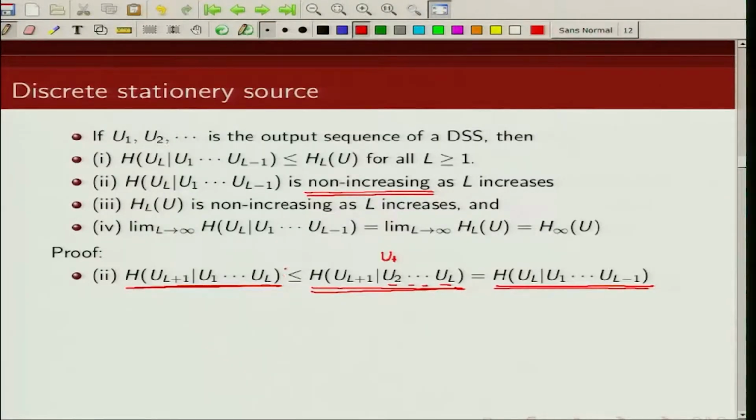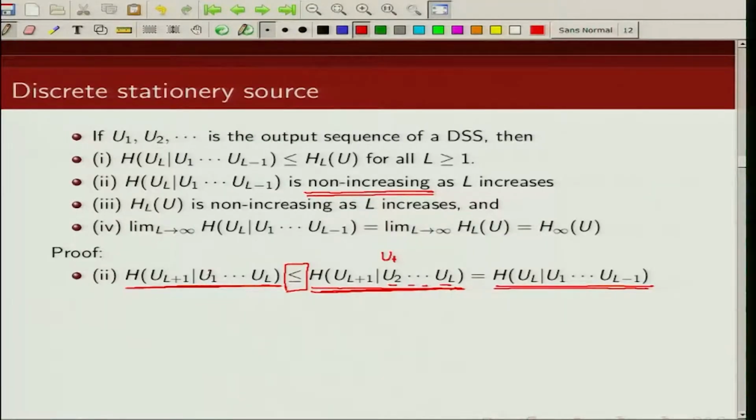Now why is this less than or equal to this quantity? We know the property of conditional entropy, that conditioning cannot increase the entropy. So this is the conditional entropy of U_{L+1} given U_2, U_3, ..., U_L, and this is the conditional entropy of U_{L+1} given U_1 and then U_2, U_3, ..., U_L.